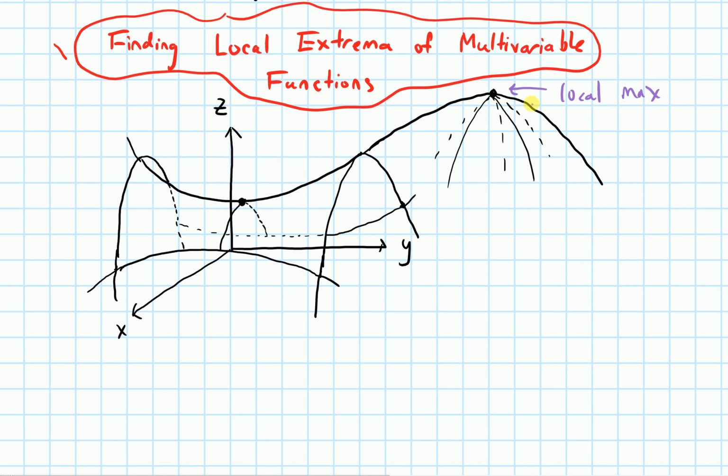That's one type of local extreme point. We could have a local max. We could also have a local min if it was the bottom of a valley. We don't have any local mins here, but we have another point that I do want to classify. The other key point here is this point, and this is a saddle point.